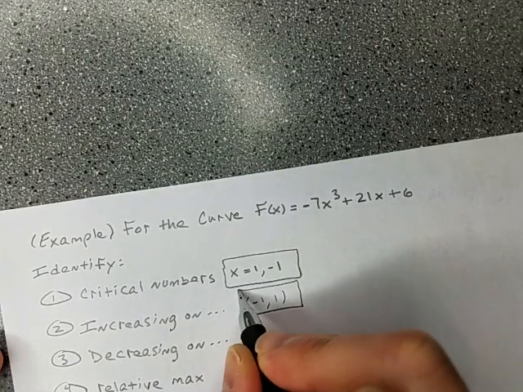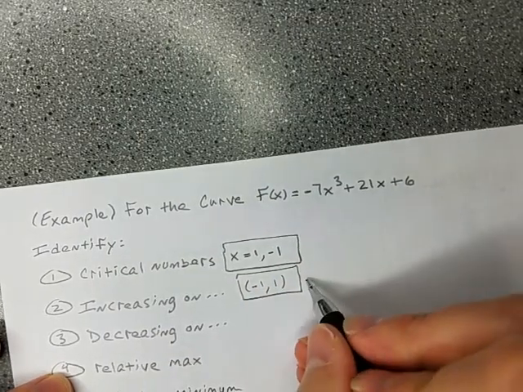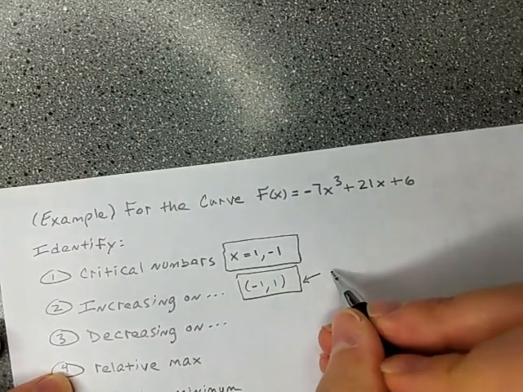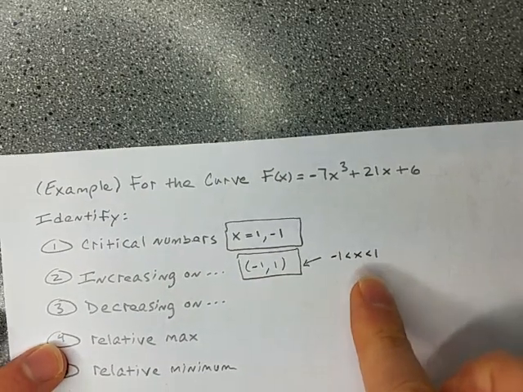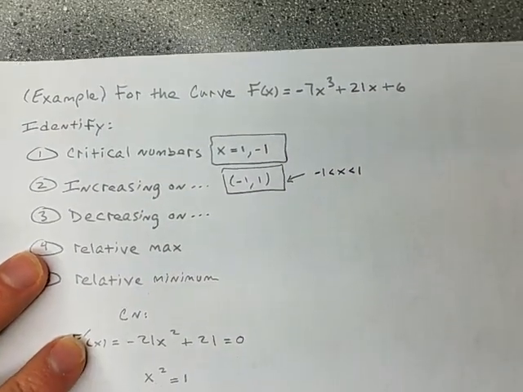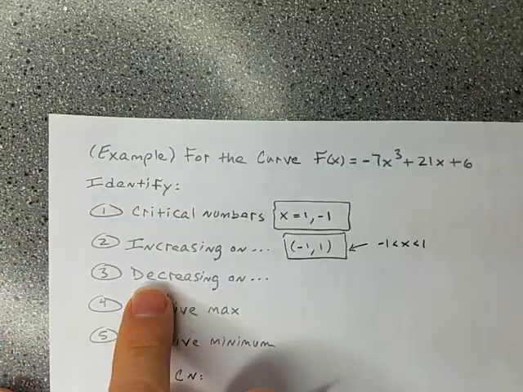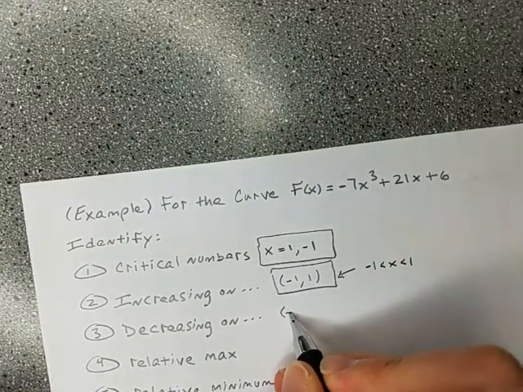And when I say that, I'm not saying that's a point, x is negative 1, y is negative 1. That's an interval. I'm saying that this part of the x-axis is the part of the x-axis where the curve is seen to be rising. Okay, it's decreasing or falling from negative infinity to negative 1.